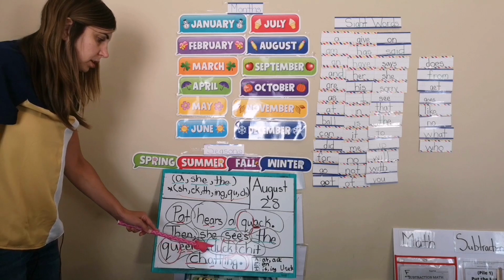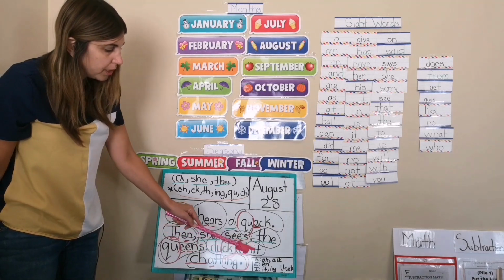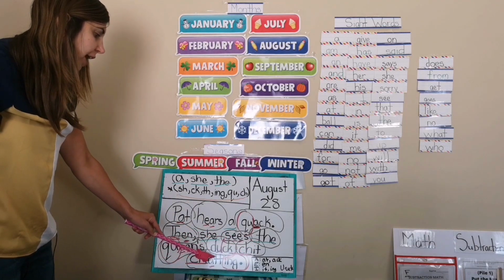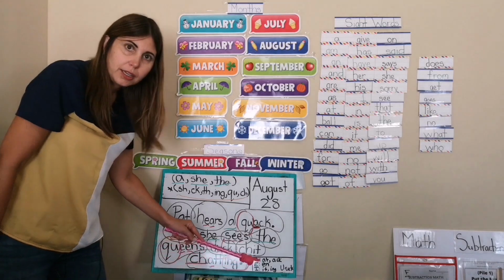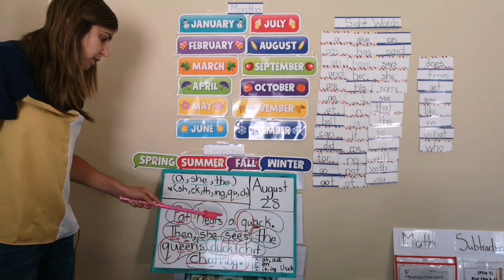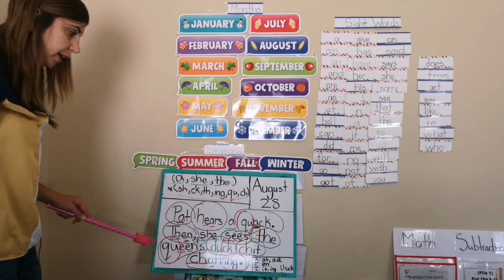Queens, duck. Ch, it, chit. Ch, at, ting. Chatting. Okay, then she sees the queen's duck chit-chatting. The whole thing again.